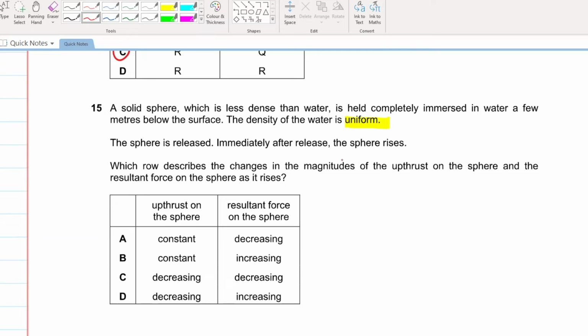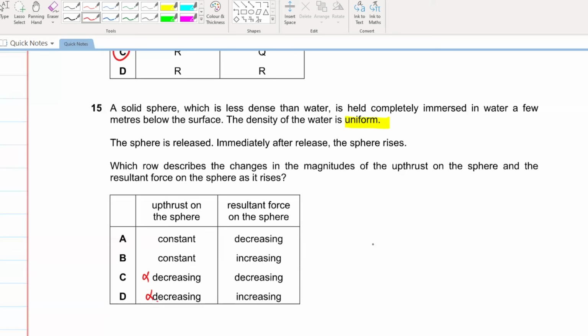Upthrust always remains constant. The value of upthrust will always remain constant. So options C and D will get cancelled out.